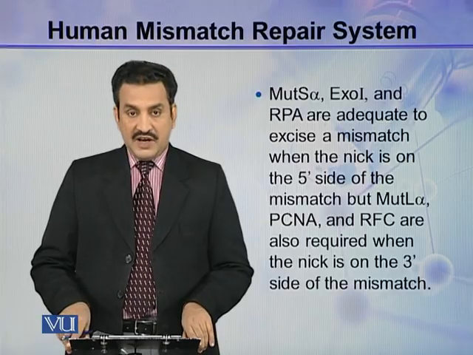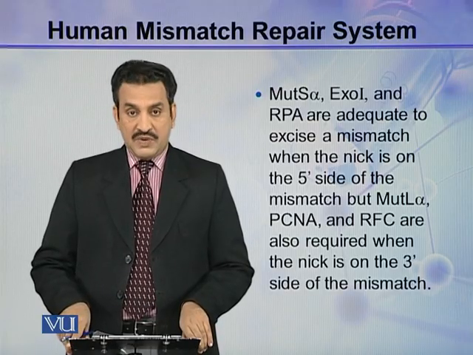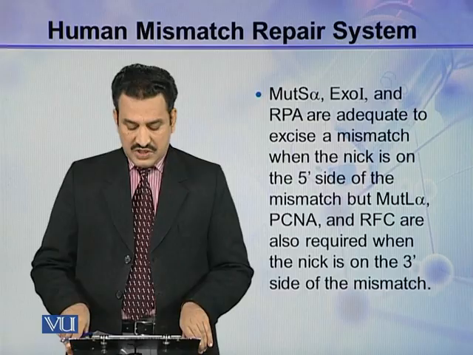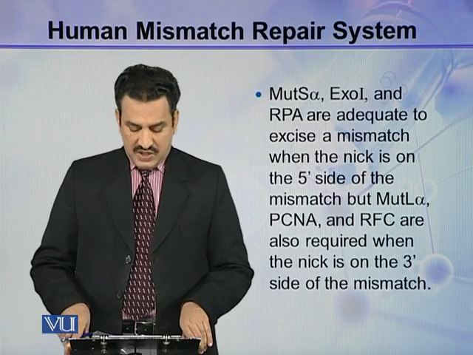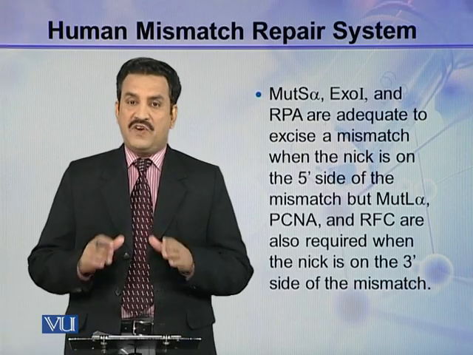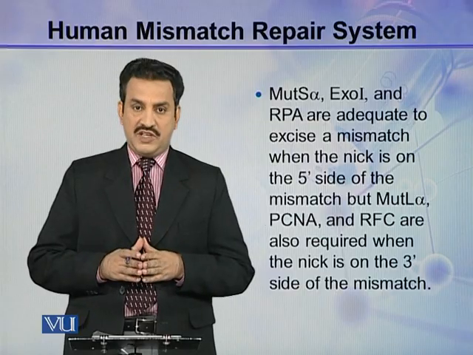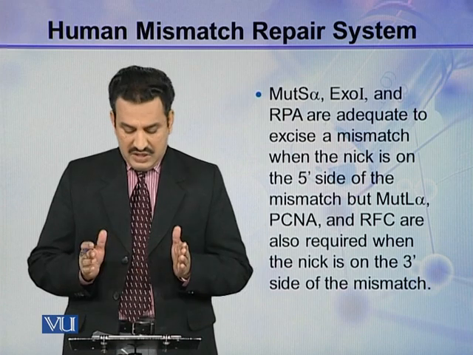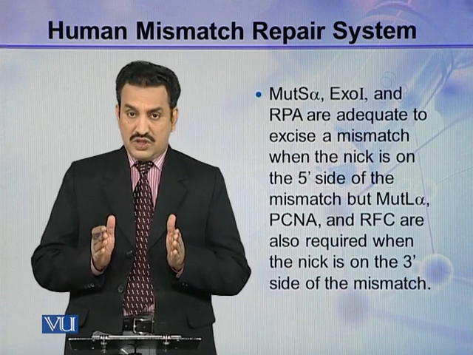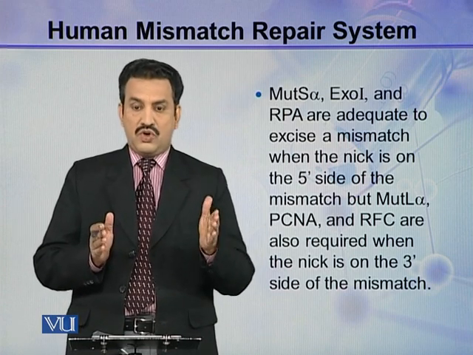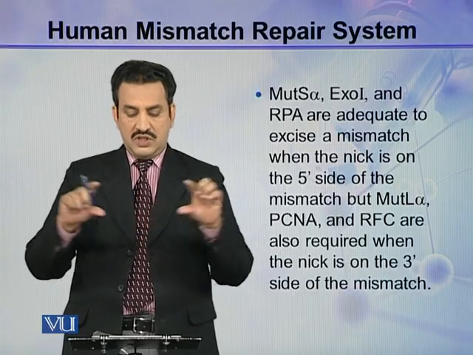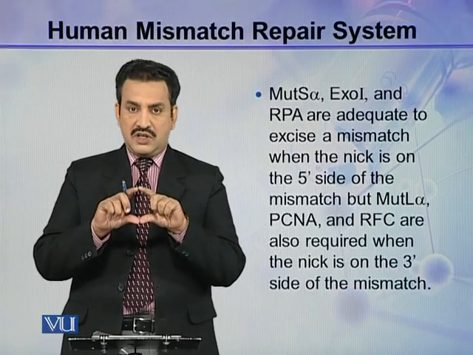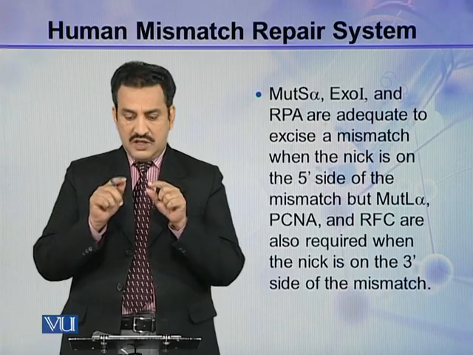MutS alpha, Exo1, and RPA are adequate to excise a mismatch when the nick is on the 5' side of the mismatch. So these three are required when the nick is on the 5' side of the mismatch. You can see this is a strand, and here in the center is the mismatch.